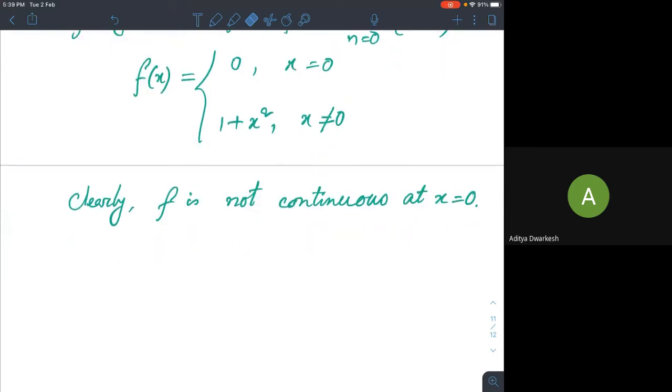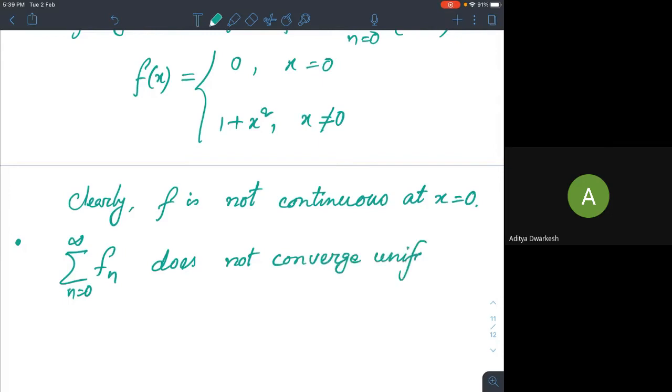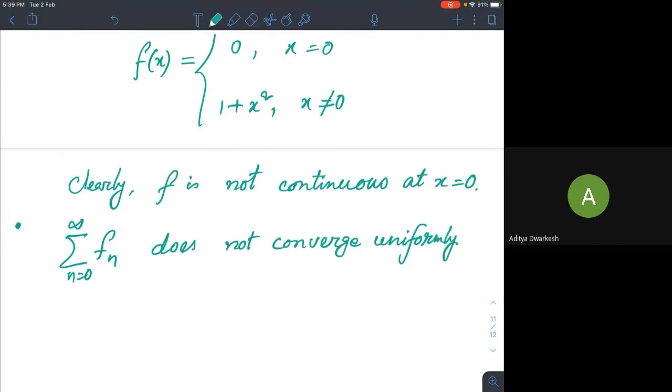So first you tell me this one: the sum of f_n, n from 0 to infinity, does not converge uniformly.